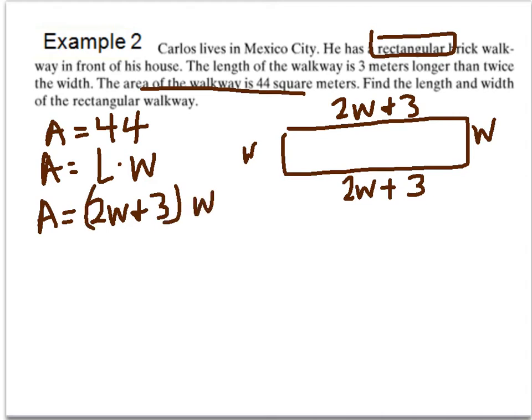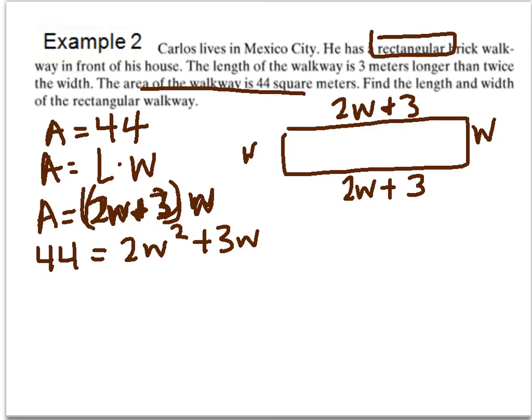And now all I have to do is solve for w. So I'm going to distribute here. It gives me A equals, whoops, I could substitute for my A, couldn't I? Let me erase that. After I've substituted the 44 in for A because I knew the area was 44, and I've distributed my w, I can go ahead and move the 44 to the other side and solve the quadratic equation.